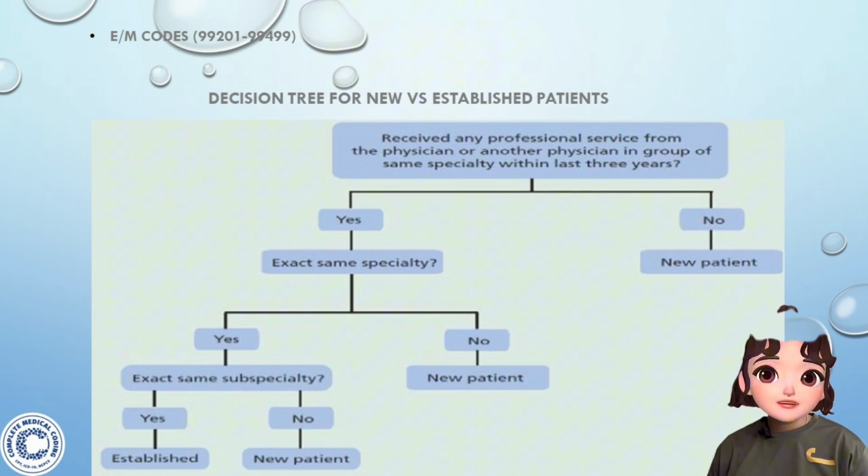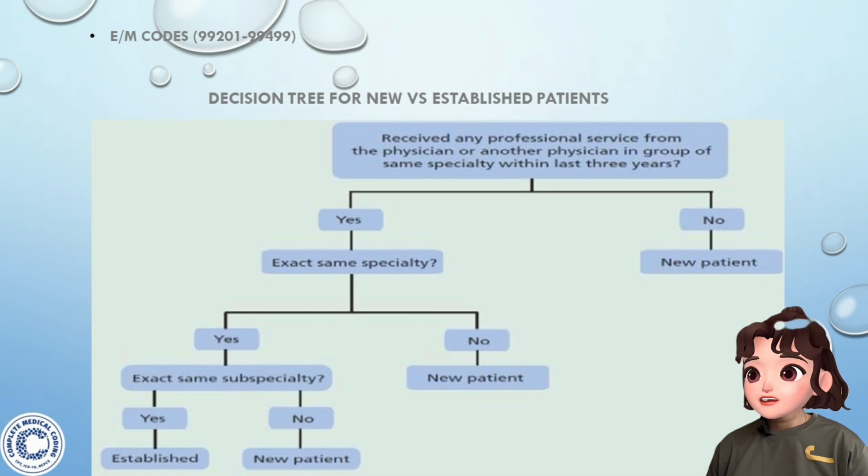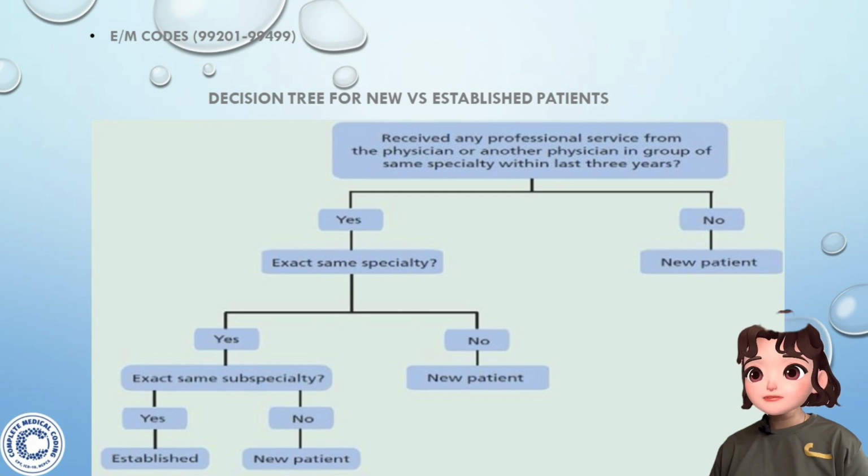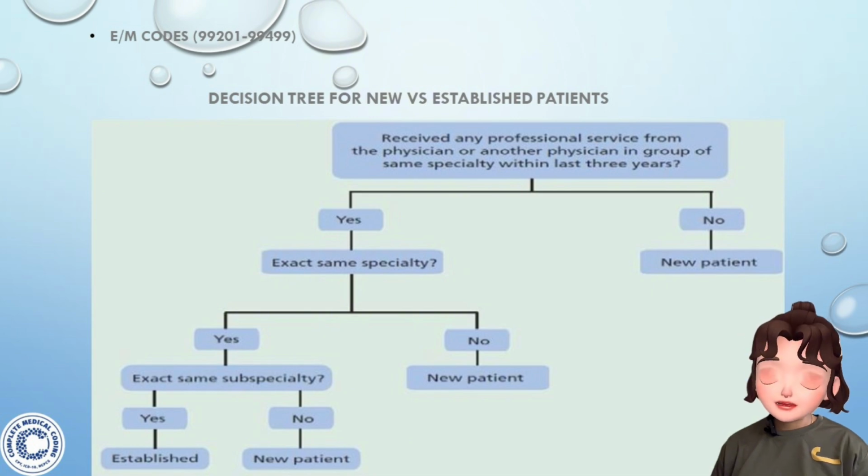If it is no, it's a new patient. These 3 years mentioned here are a general term, but it will vary when you move on to insurance companies. This is just the medical definition. This is the procedure for the new and established patients.